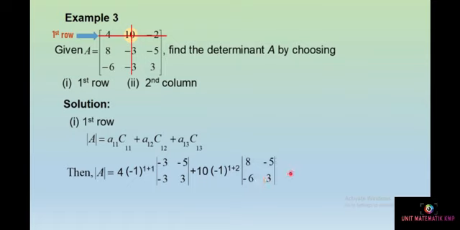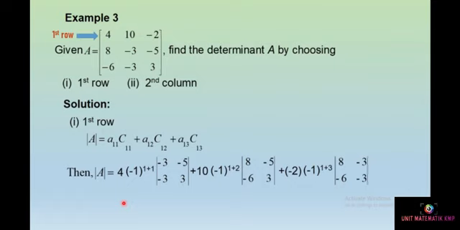And then the last element of row 1, which is the element in row 1 column 3, is negative 2 times its cofactor, negative 1 to the power row 1 plus column 3. Then delete its row and column, so write the determinant.